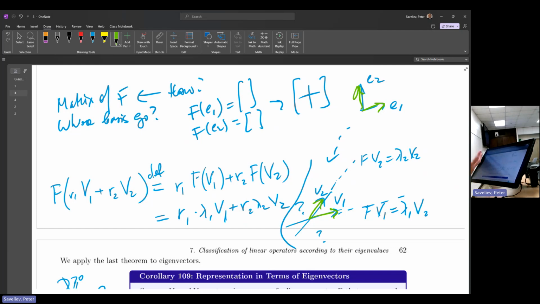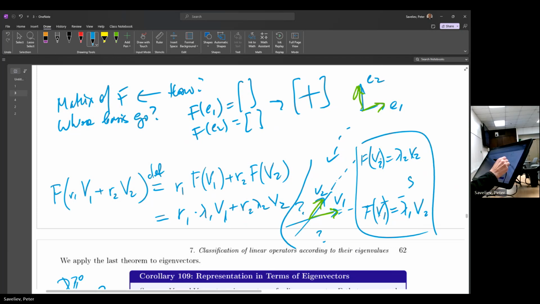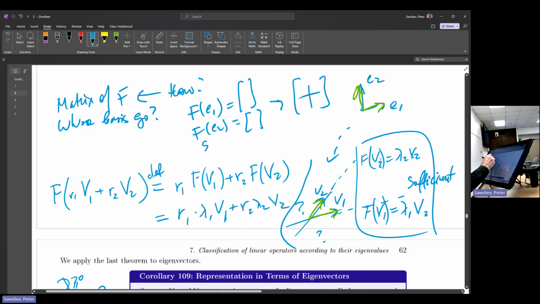If you look at linear combinations, you get the whole plane. The knowledge of these is sufficient, just as this was sufficient. To find the whole matrix, the whole operator, you just need to know where the basis vectors go.